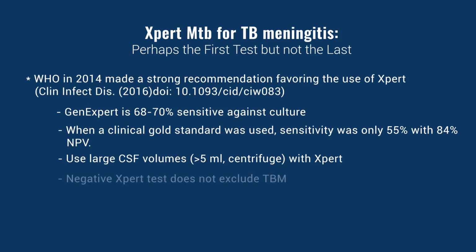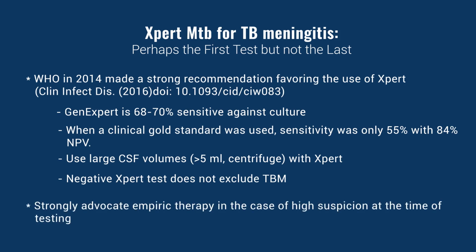And it's very important to remember that a negative Xpert MTB does not rule out tuberculous meningitis because the sensitivity is only 55%. So if you have lymphocyte predominant, low glucose, high protein, subacute to chronic meningitis with a negative Xpert, please consider empiric anti-tuberculous therapy because TB meningitis remains the commonest cause of this presentation.